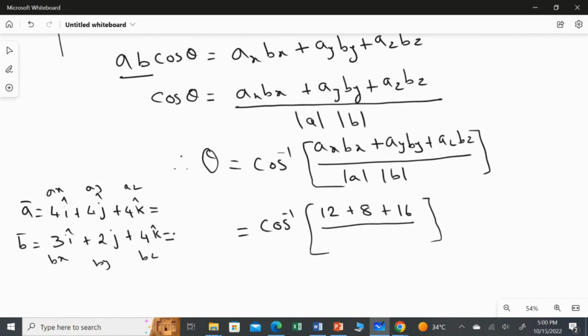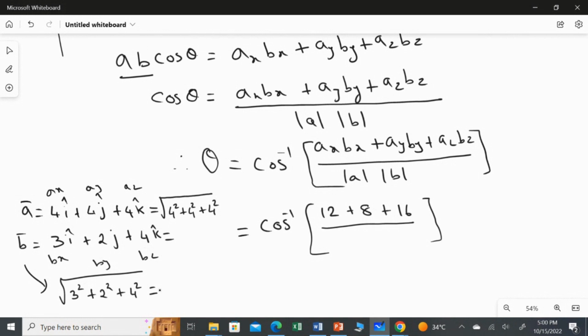How will you find the magnitude? The magnitude of A is the square root of 4 square plus 4 square plus 4 square.